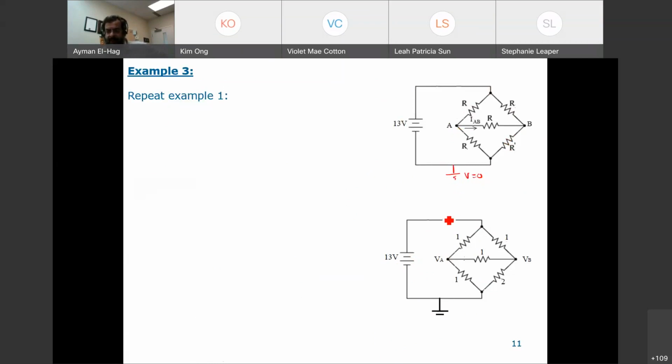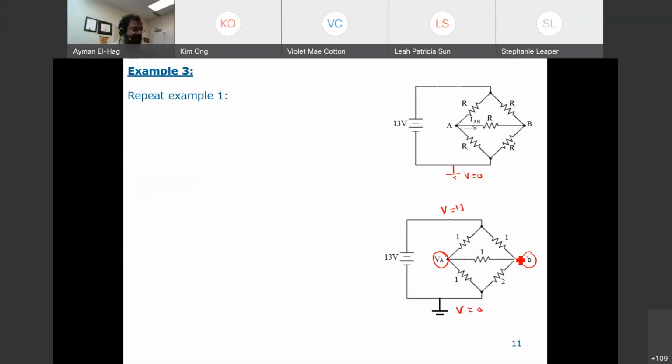And this voltage V is equal to 13. So we have 1, 2, 3, 4 nodes. This is equal to 0. This is equal to 13. So I end up only having 2 nodes, and that's it. 2 nodes means what? I need only 2 equations.